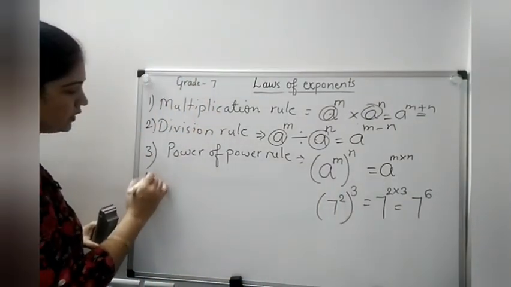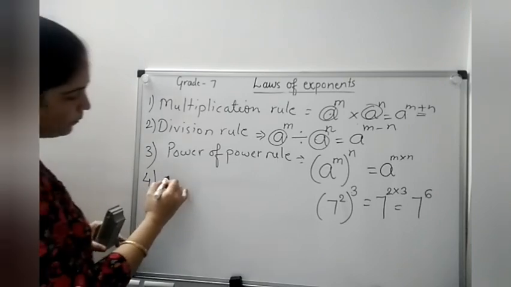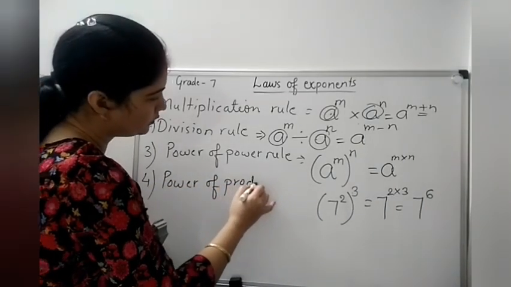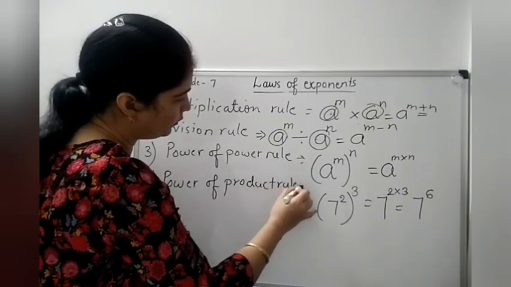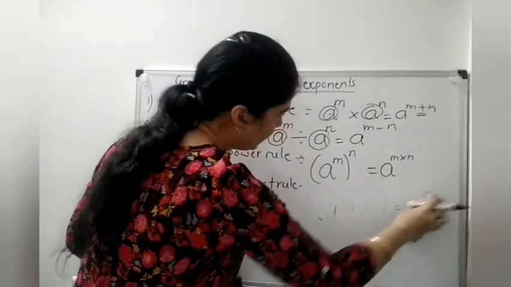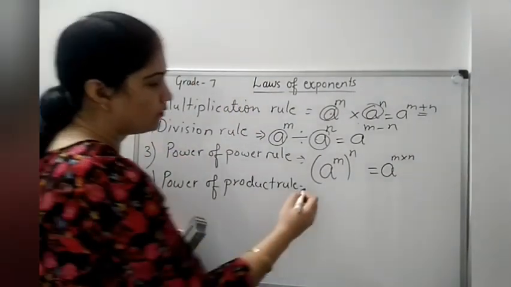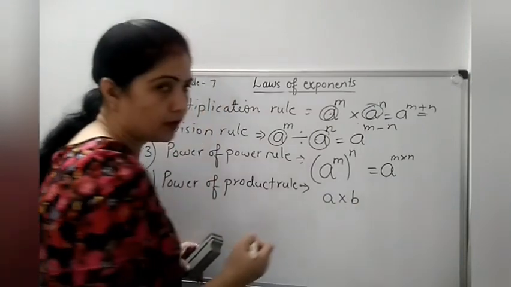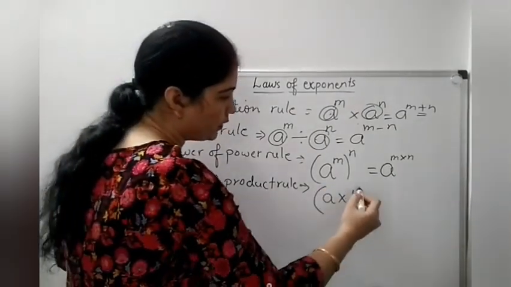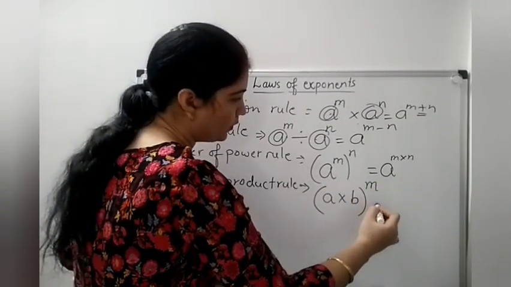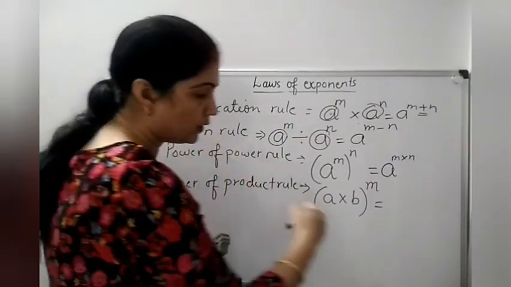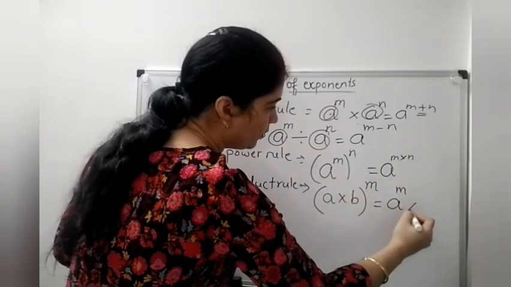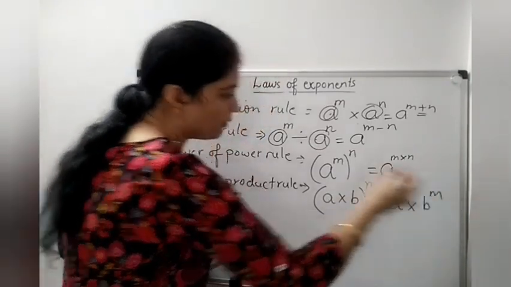Now we will see the next one, the power of product rule. Power of power is done. Power of product means when there are different bases. Suppose a and b are different numbers, and they have the same or common exponent. When you open the bracket, we can write it in this form: a raised to the power m multiplied by b raised to the power m.